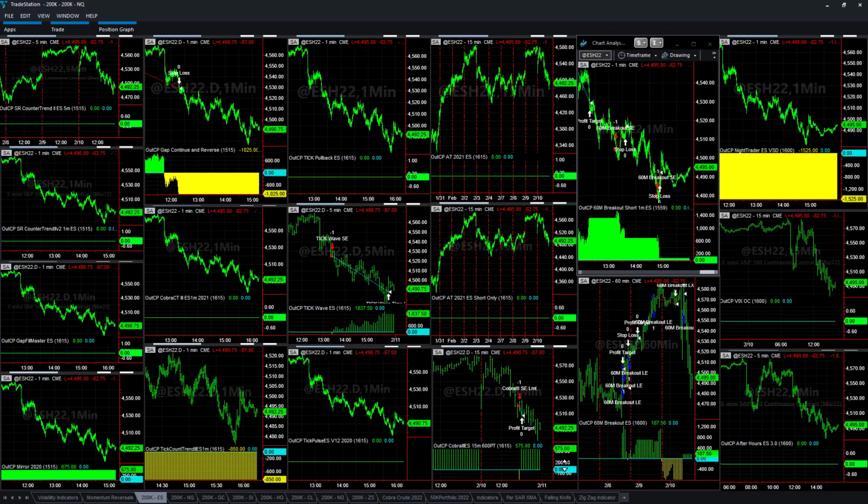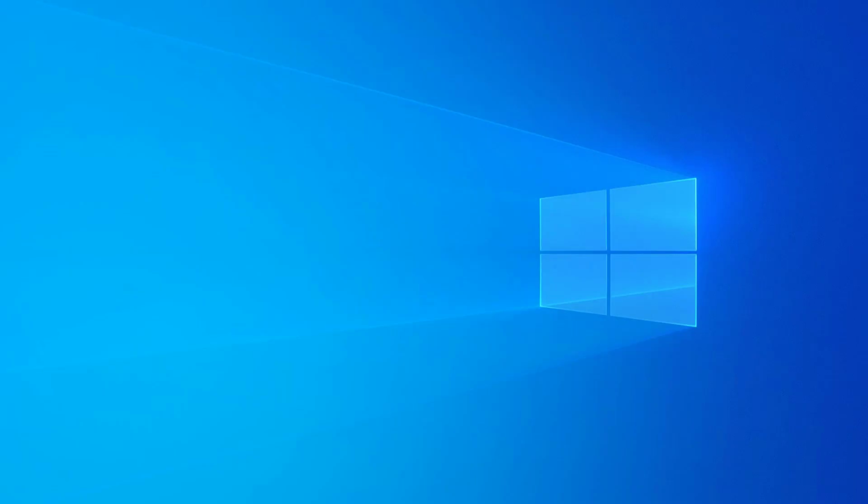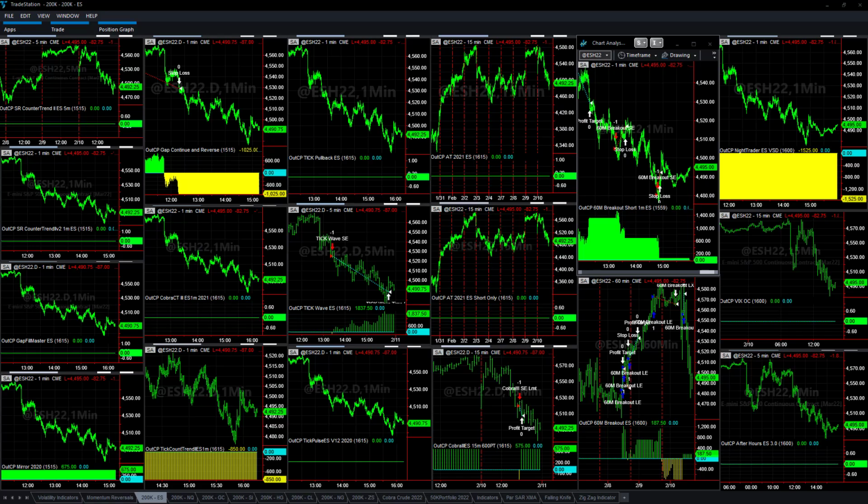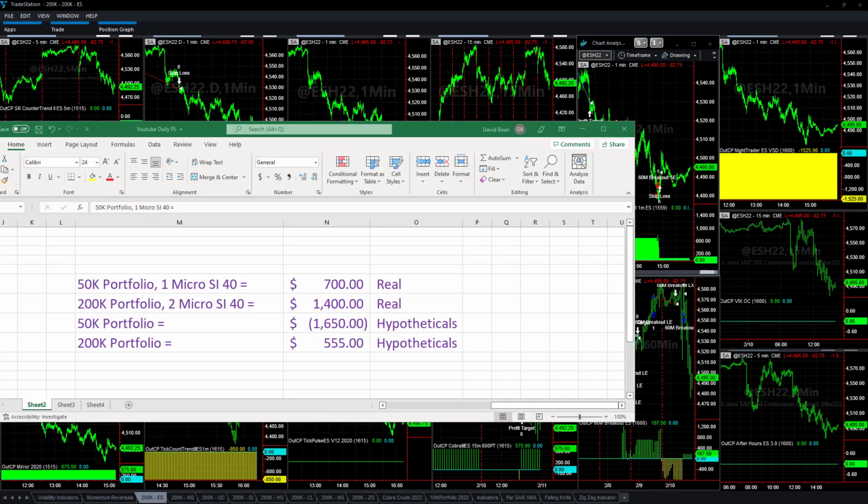And again, these are the 200K and 50K trades that we are not trading right now, that we were trading, and we've stepped aside. And let me pull this up again here. So this is what we were trading, these portfolios, and now we're trading these portfolios.